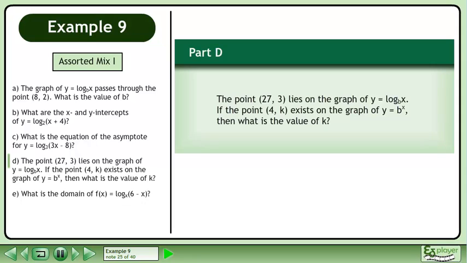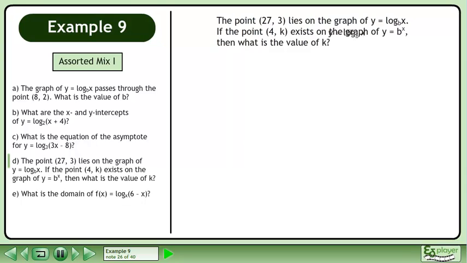In part D, the point (27, 3) lies on the graph of y equals the base b logarithm of x. If the point (4, k) exists on the graph of y equals b to the power of x, then what is the value of k? Begin with y equals the base b logarithm of x.